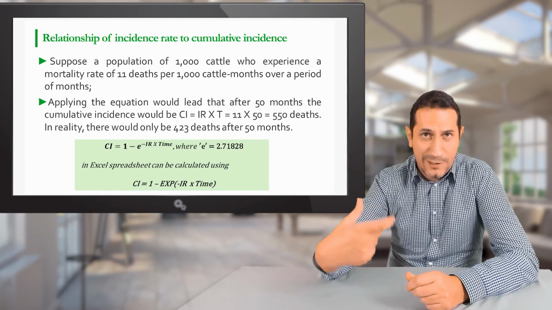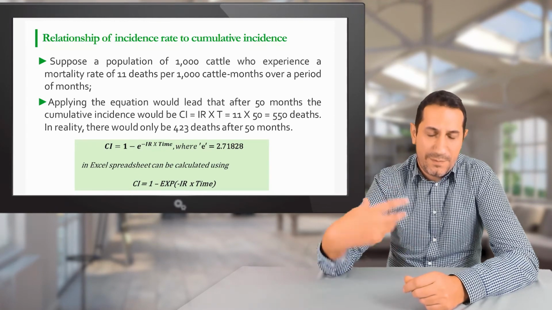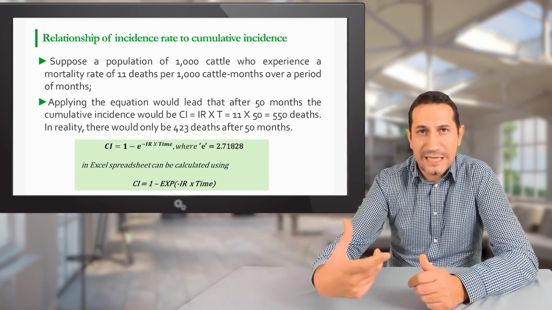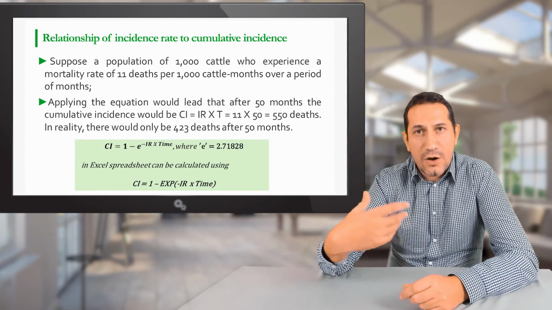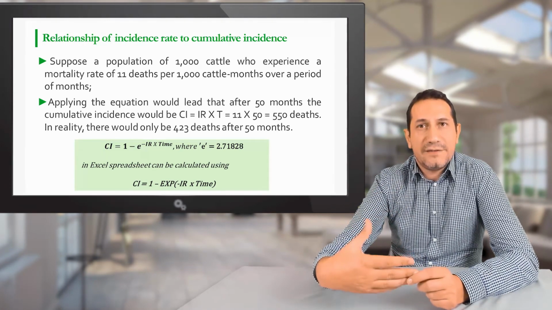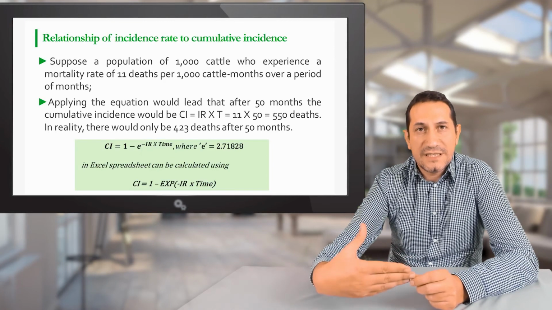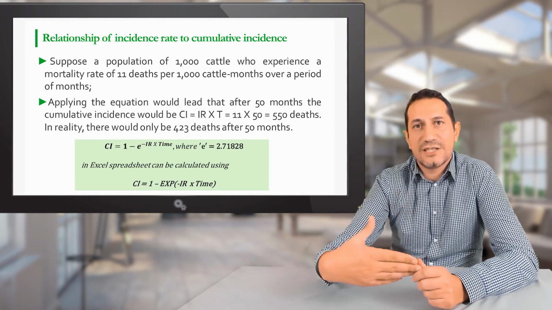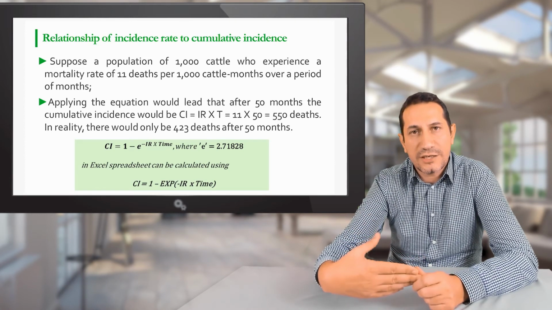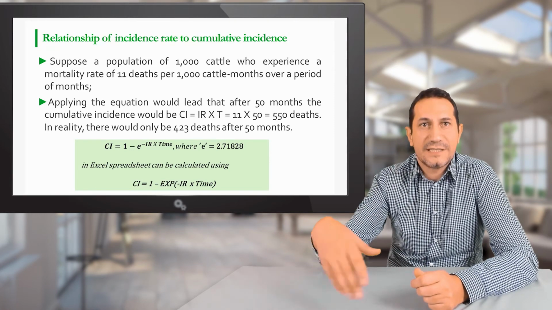But the equation assumes that there are 1,000 animals all the time, and as a result, there is an overestimate of the cumulative incidence, because the equation is not accounting for an exponential decay or decrease in the population at risk.